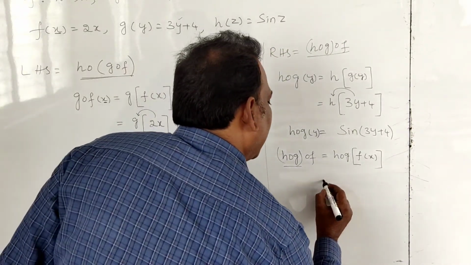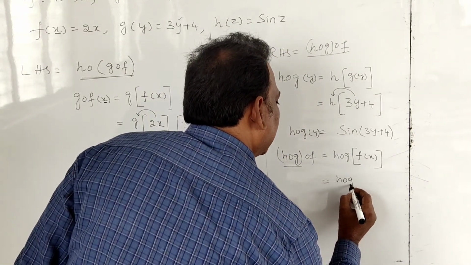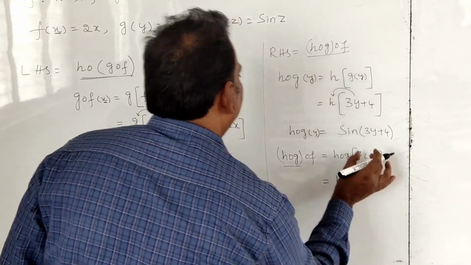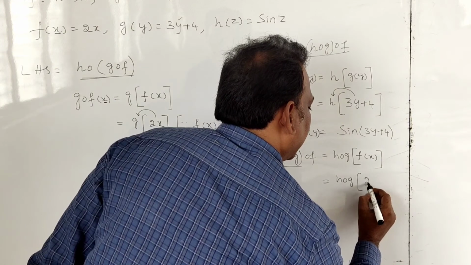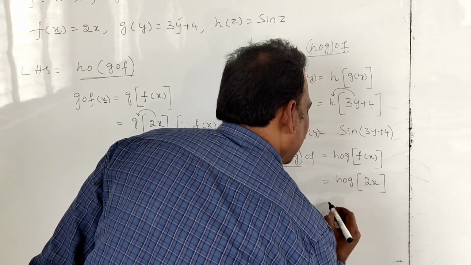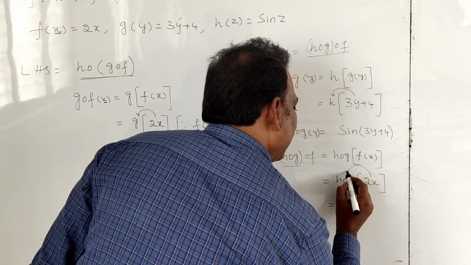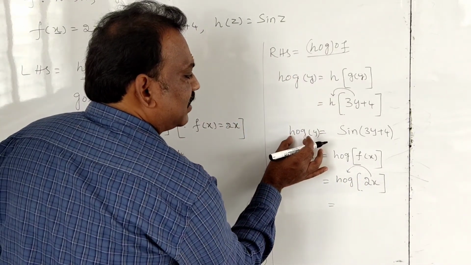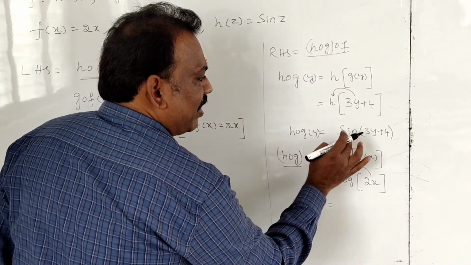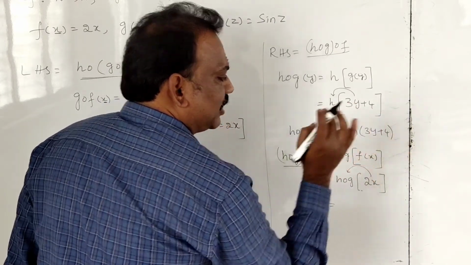So now h circle g, open the bracket, f of x. What is the f of x value here? 2x. So replace here 2x. Now this entire value you have to replace in h circle g. What is h circle g of y? The value is sin of 3y plus 4.